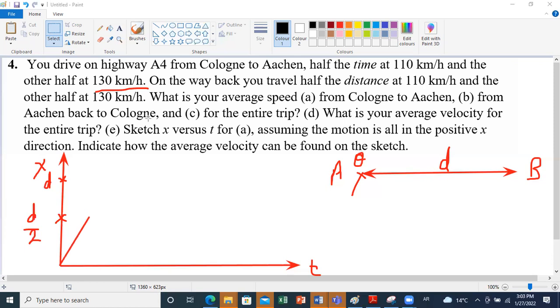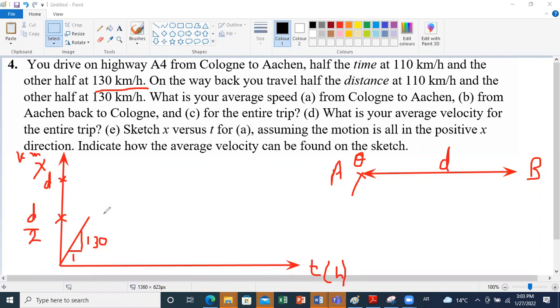So I can annotate the slope like this in the figure. This is 130, corresponding to 1 hour. So my scale will be x in kilometers and time in hours.